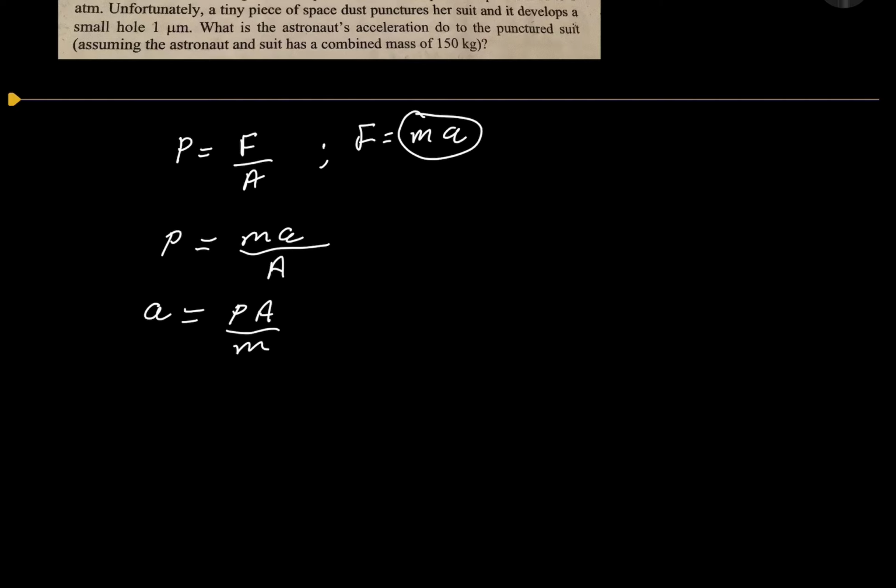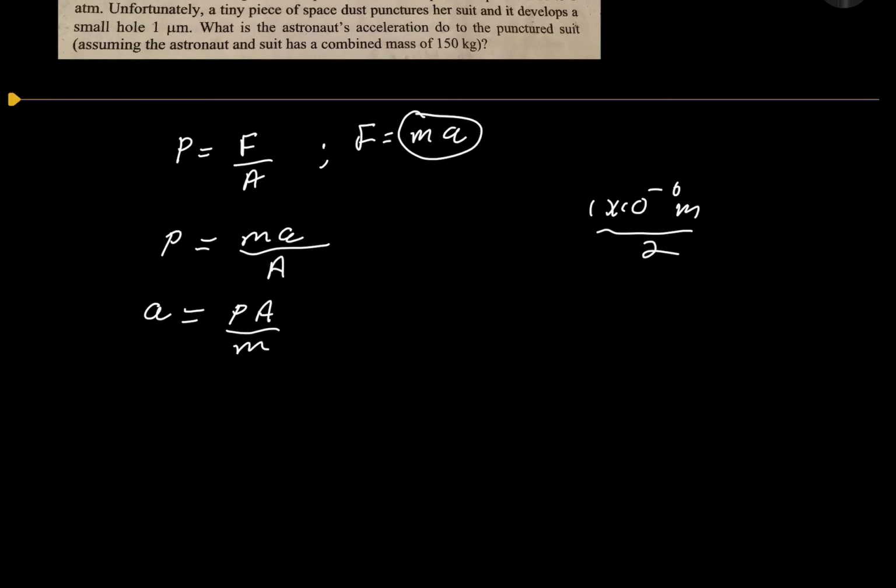Now we can calculate the area of the hole by dividing the 1 micrometer by 2, assuming that this is the diameter. So we have 1 times 10 to the negative 6 meters, and we divide by 2, right?